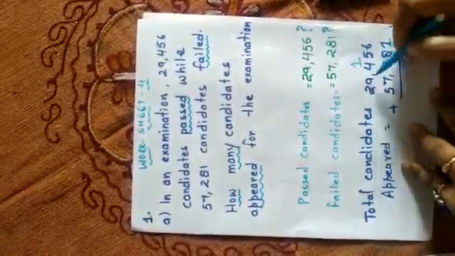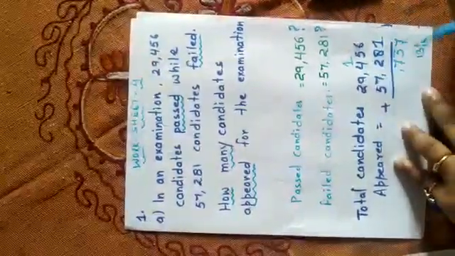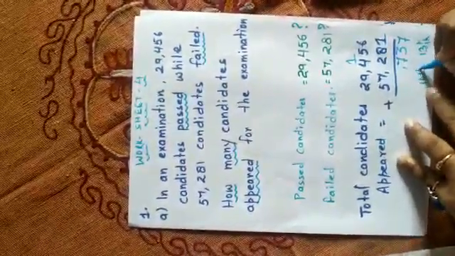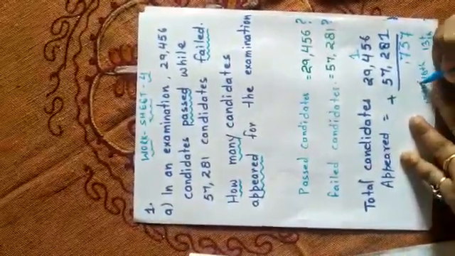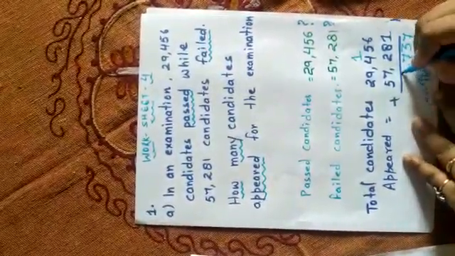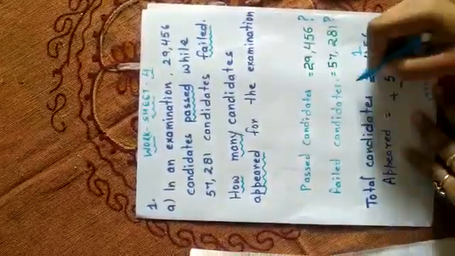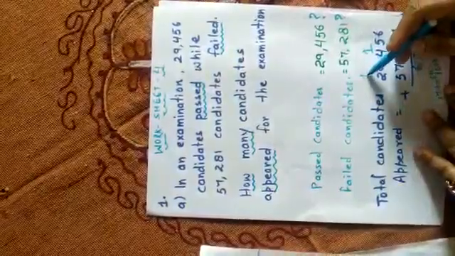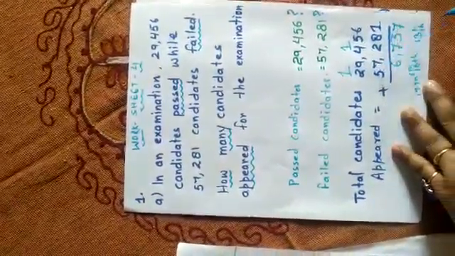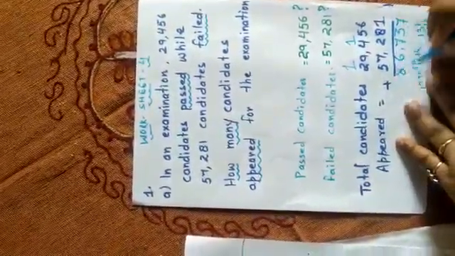Now come to the thousands column, 9,000 plus 7,000, 16,000. So 6,000 will come in the thousands place and 10,000 will go as a carryover. Now adding this 10,000, 10,000 plus 20,000 plus 50,000 is 80,000.